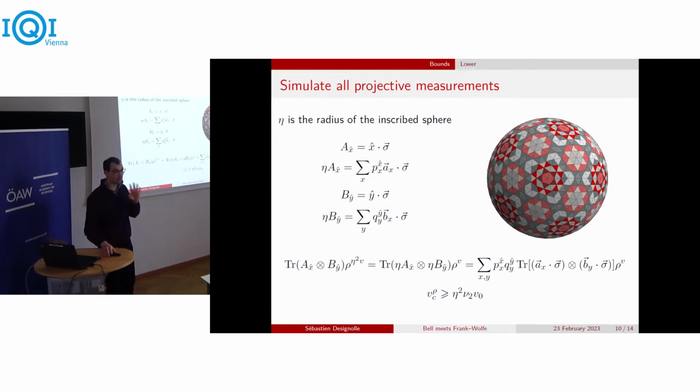Let me emphasize one thing about this. It would, of course, be an optimization problem to find the best distribution on the Bloch sphere, but it's a very, very hard one because it has the same flavor as the Thomson problem of placing electrons on the sphere. And this problem is known to be really hard.